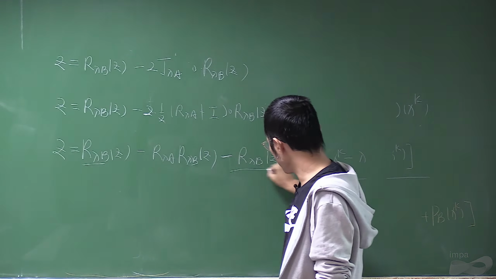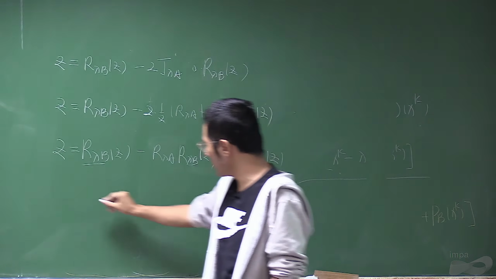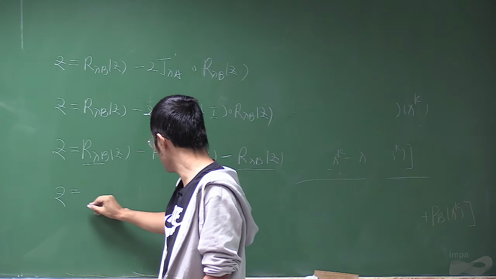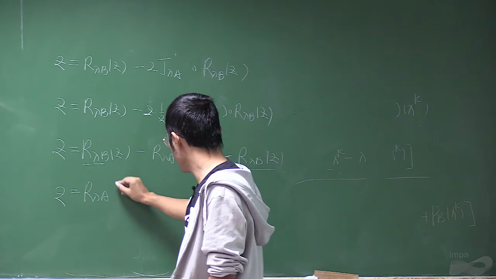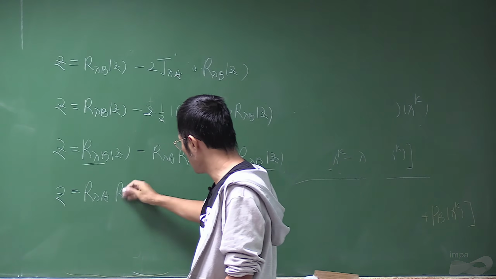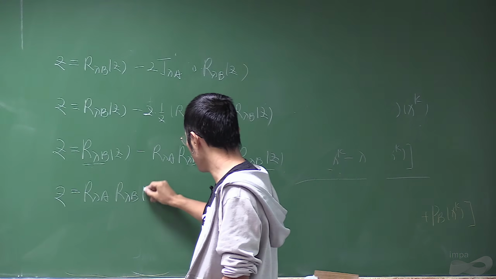So they are equal. Okay, then we have Z equals to the reflection of A and then reflection of B of Z.